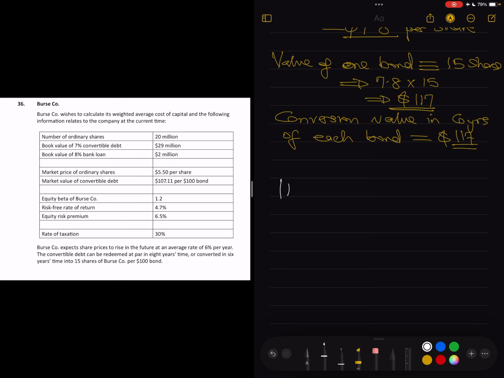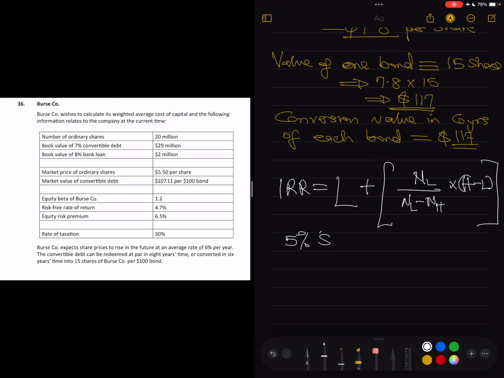The formula for IRR, if you remember, is equal to the lower rate plus open bracket NL over NL minus NH multiplied by H minus L, right? So we need net present value using 2 discounting rates. So I always say use 5% rate and 10% rate just to be consistent and make life easy.